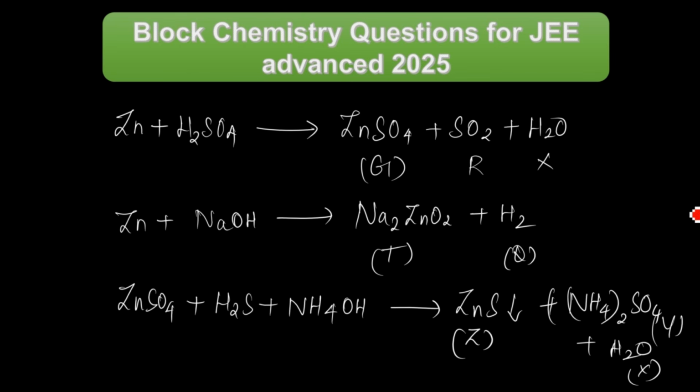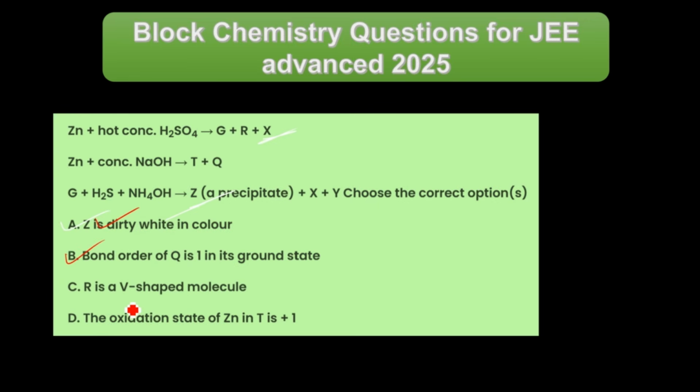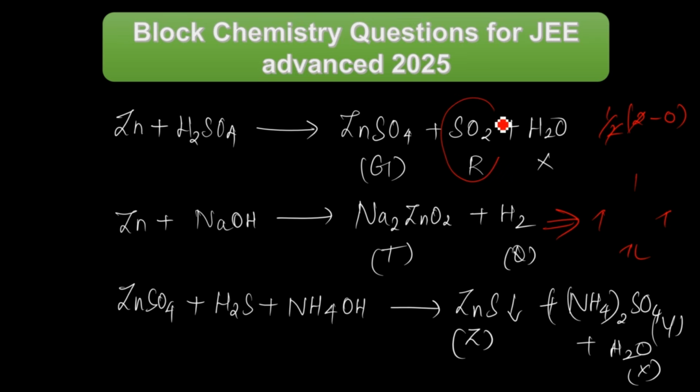What is Q first of all? Q is H2. For H2 bond order, (2 minus 0)/2 becomes 1. That statement is also true. Then R is a V-shaped molecule. R is SO2, which is V-shaped.